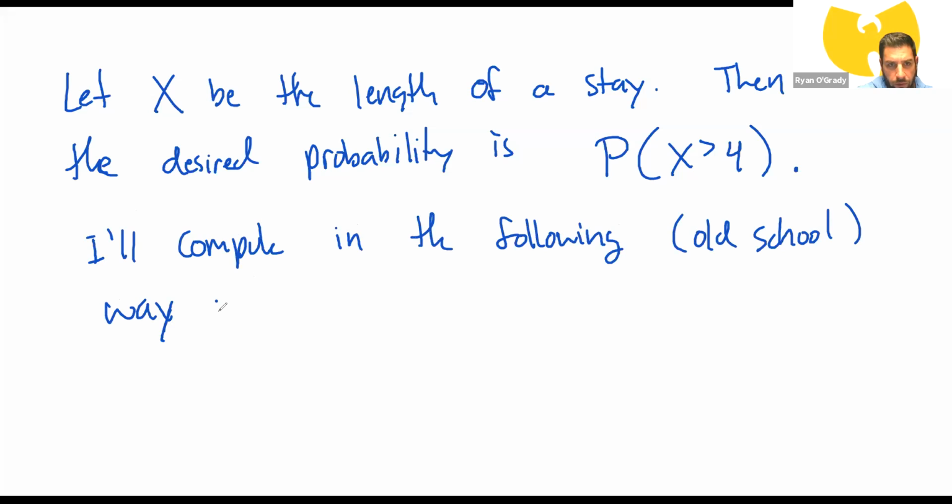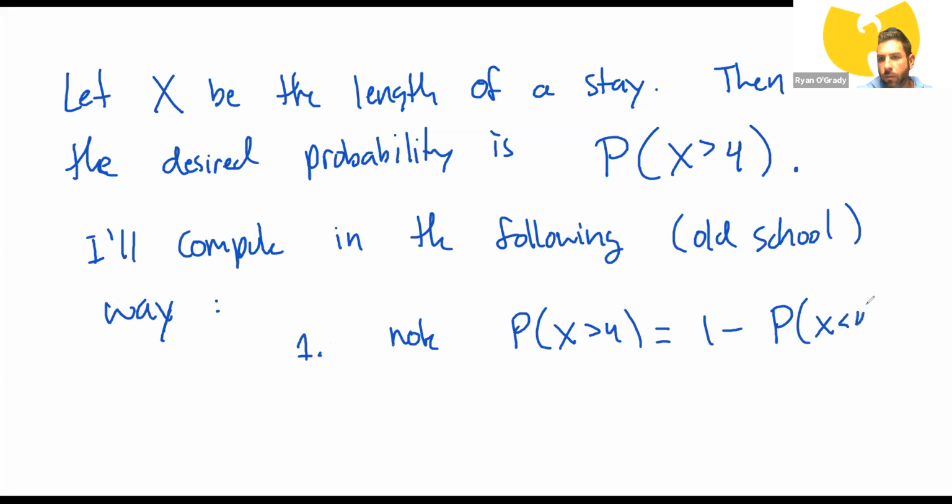So the first thing I'll do is note the probability that X is greater than 4 is the same as 1 minus the probability that X is less than or equal to 4, whatever.